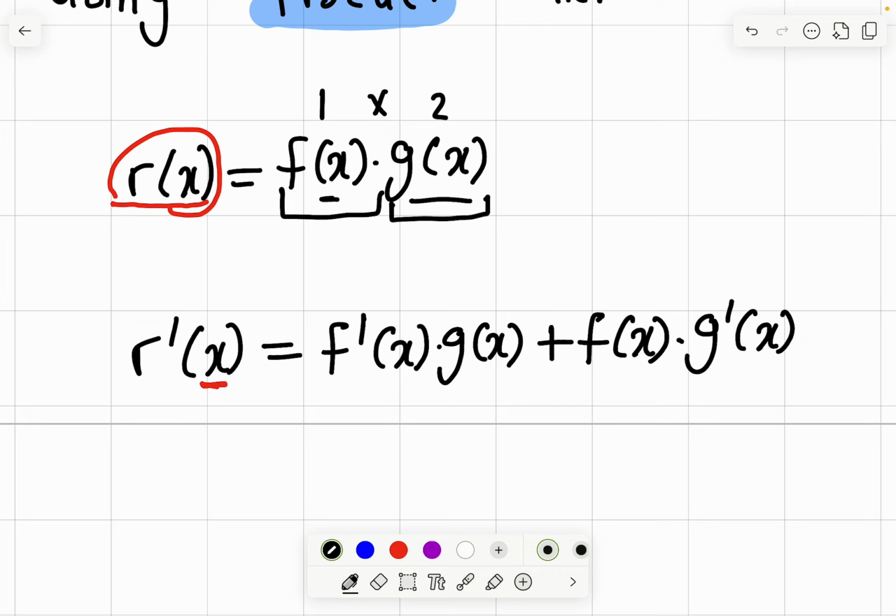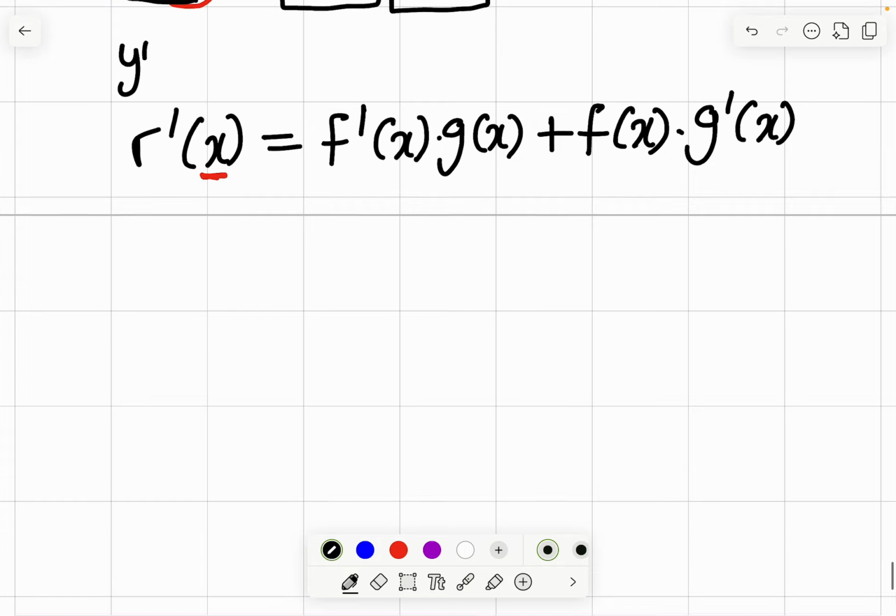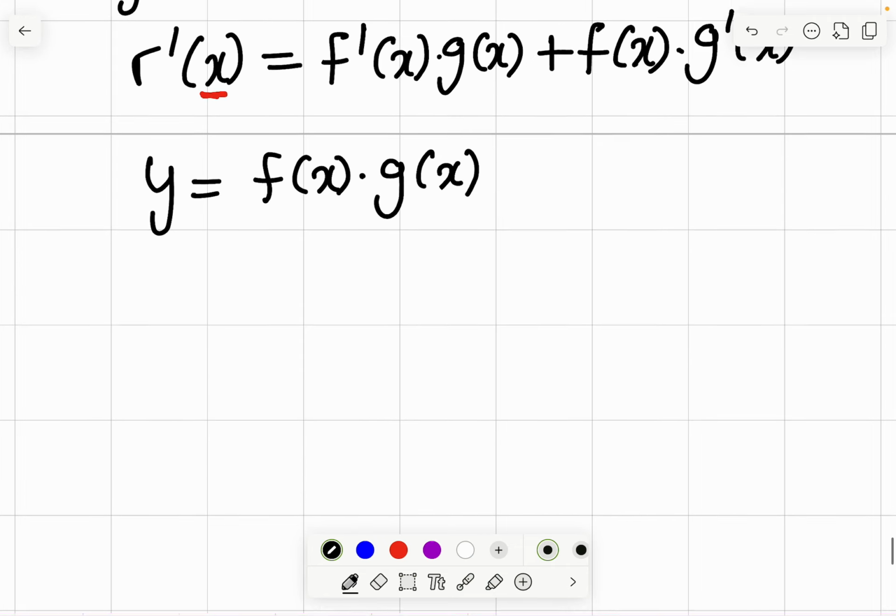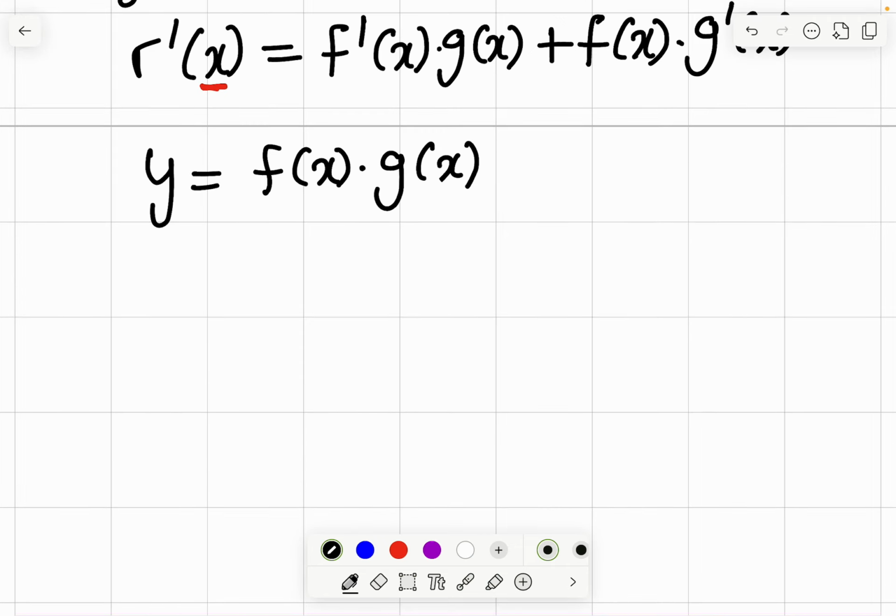If they gave you the subject of the formula as y, you are going to say y prime. If they gave you y equal to f of x multiplied by g of x, you must tell them you are deriving y with respect to x.